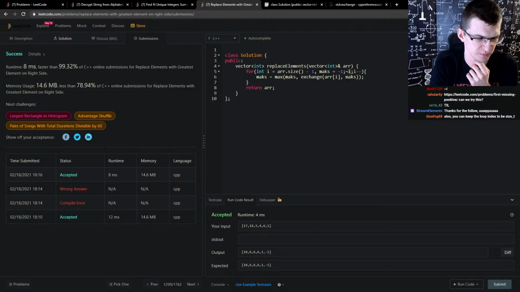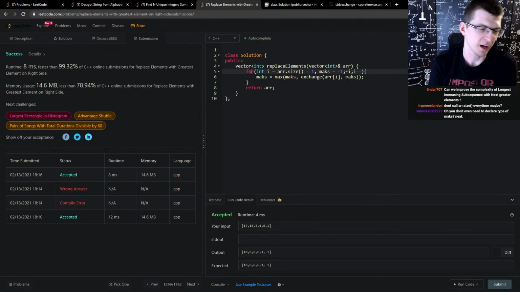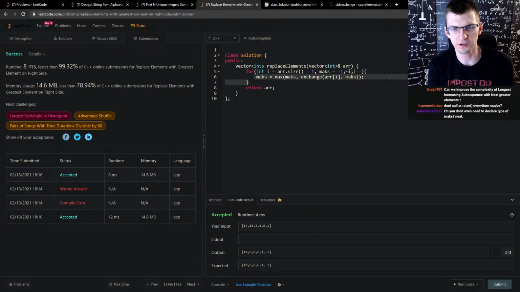Keep the loop index to be size t. Sure. I don't see how that helps. I'm not an expert in optimizing things like here because you need to know C++. It's more that I thought if logically this can be improved a little bit.